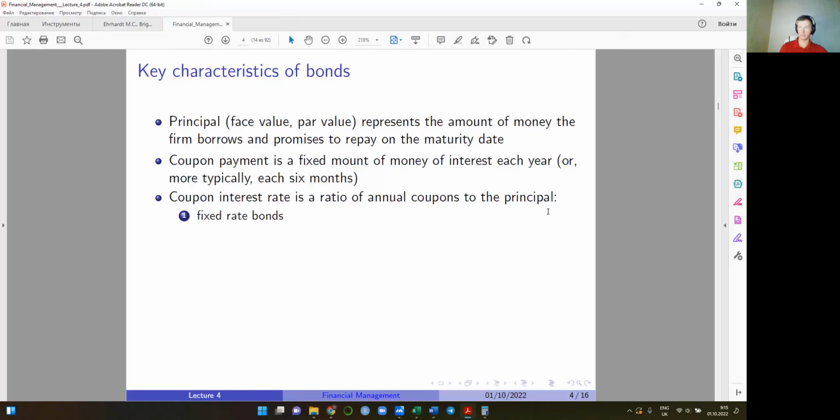There might be floating rate bonds, when the coupon interest rate is floating, so it changes over time. And there are also zero coupon bonds, or sometimes they are called discount bonds, which means that these bonds do not have any interest, and the form of profit is a discount between the initial price and principal.